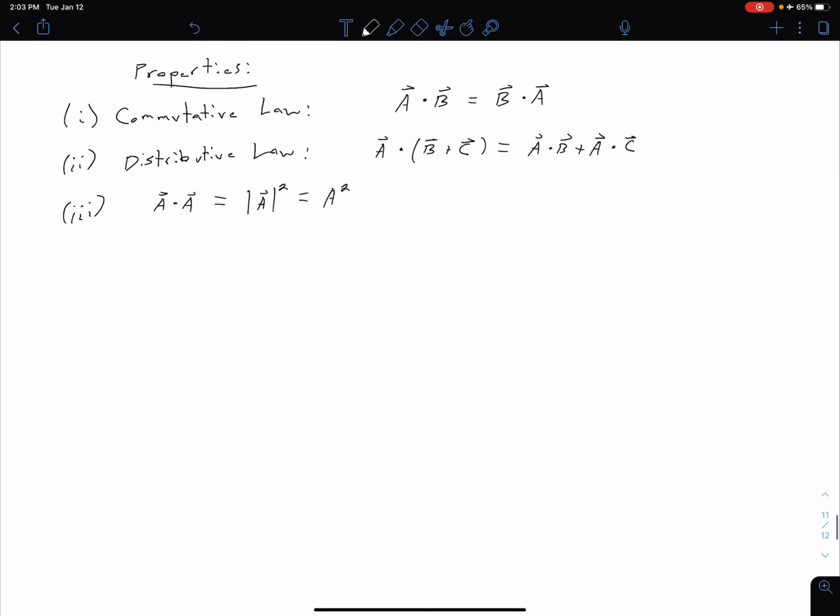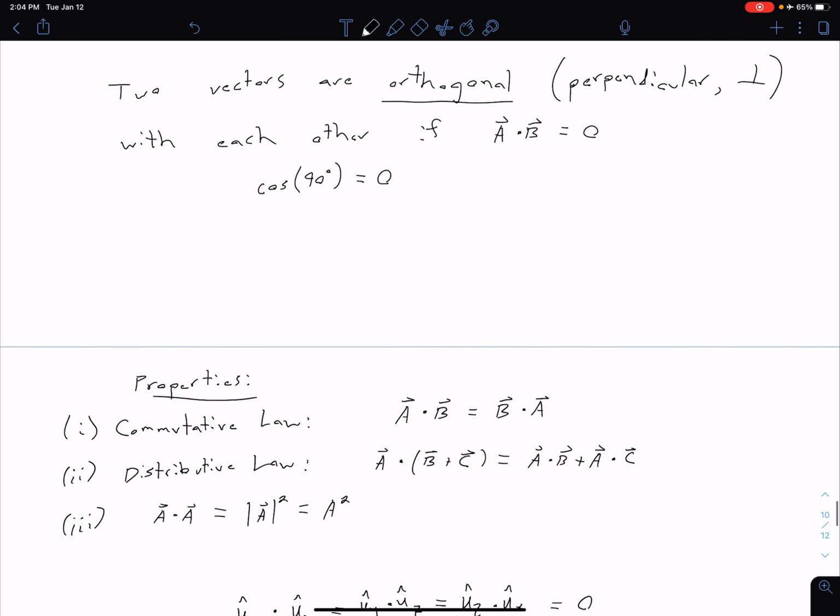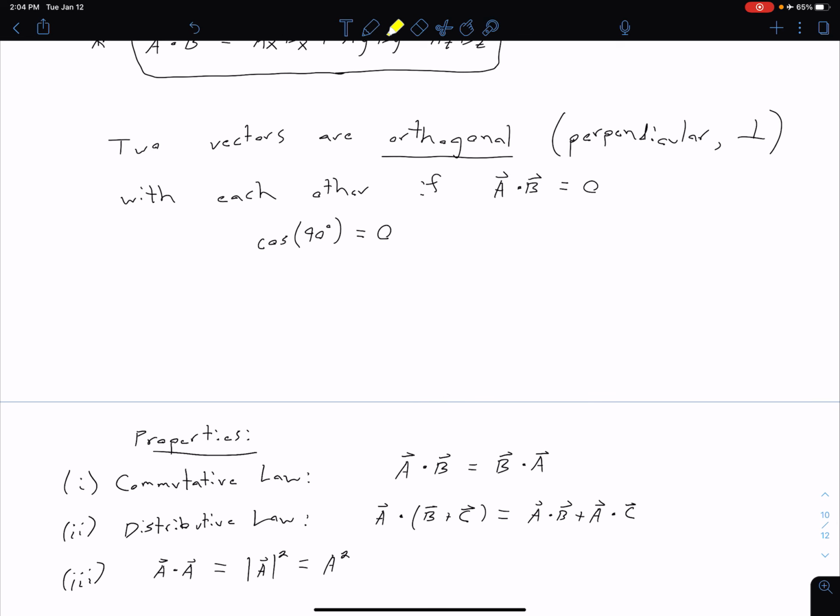Another important thing to note, based on that first equation with our cosines, is we could talk about relationships between our unit vectors in Cartesian coordinates. So if we have the dot product of any two directions that are not the same, so u of x dot u of y, or u of y dot u of z, or u of z dot u of x, any of these are going to be equal to 0 because, of course, we said if we have perpendicular or orthogonal vectors, then their dot product is going to be 0.